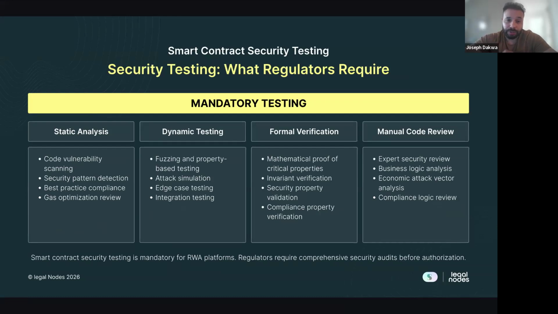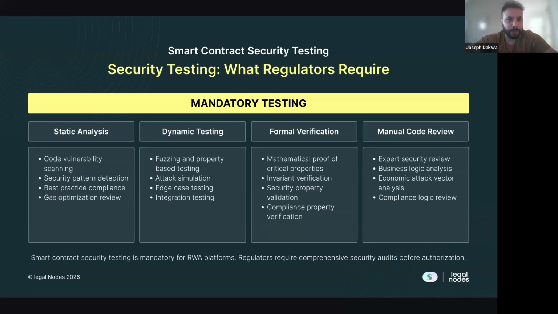So earlier I touched on testing. These are the methodologies that we use to ensure robust testing is in place. So static analysis, code vulnerability scanning, security pattern detection, and best practice compliance. And I'll touch in a moment on gas optimization. There are some tools that we've contributed to on the market.